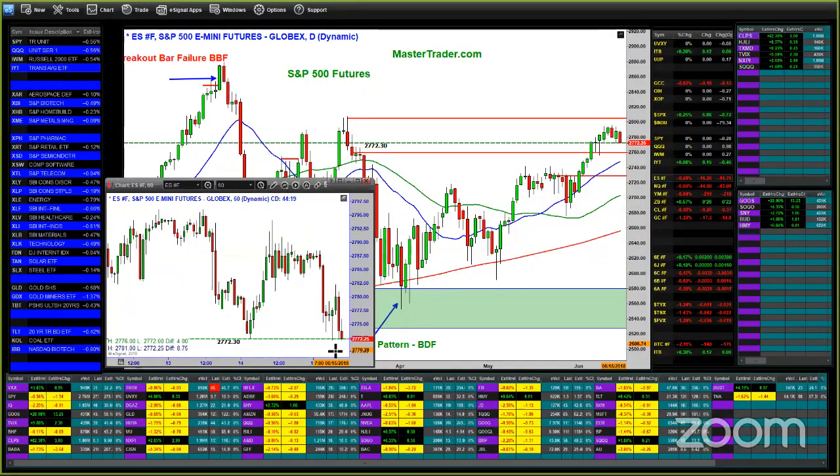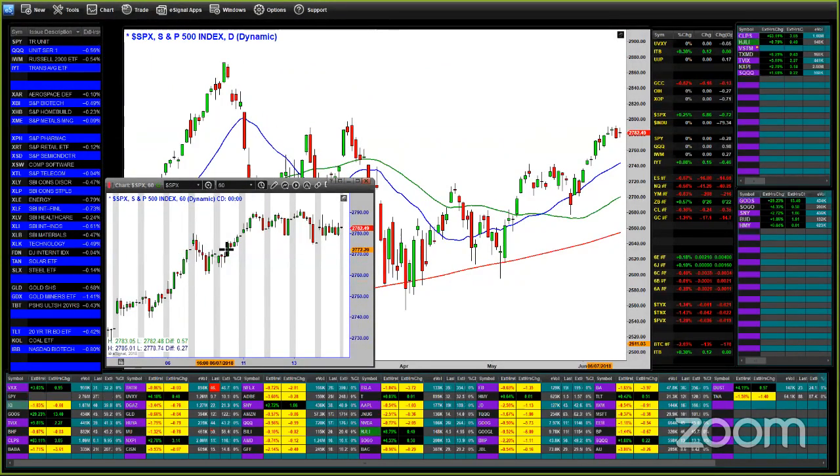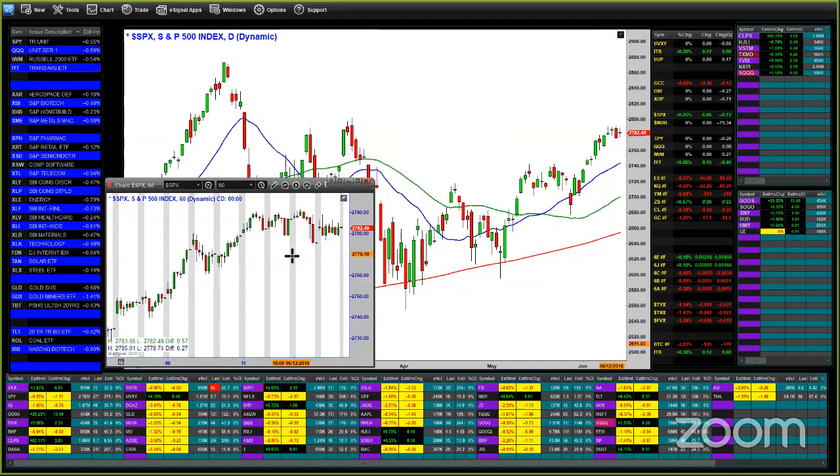Okay, there you go. Man is telling us that 2775 SPX is where there is big option buying. So let's take a look at that. $27.75, give or take, right?